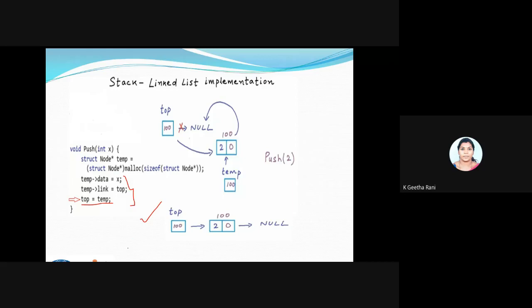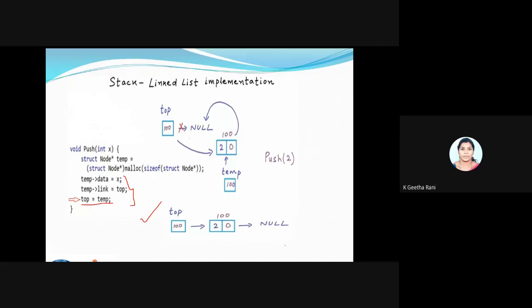Using temp arrow data and temp arrow link, I created values inside my node. Then I removed this link using top equal to temp. This is what is done when inserting a node at the beginning of your list. So I'm having only one node, only one data in my stack now.